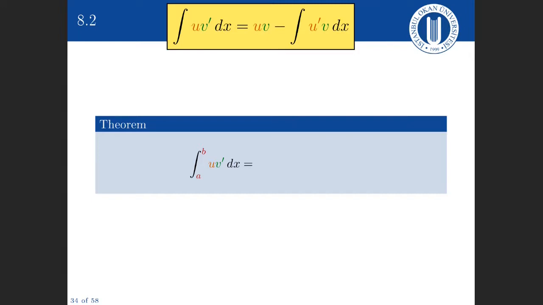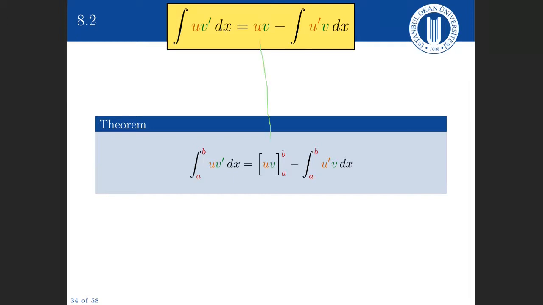I've been talking about indefinite integrals, how to use integration by parts for indefinite integrals. But what about if we had a definite integral? How could I calculate the integral from a to b of u v prime dx? The answer is the idea is the same, but we just need to evaluate everything at a and b.